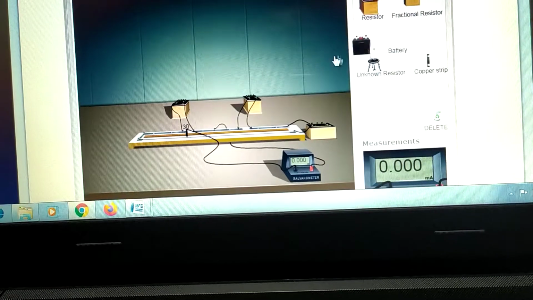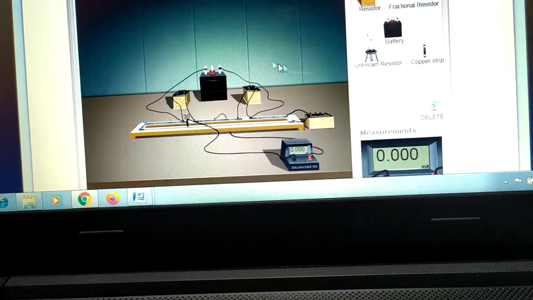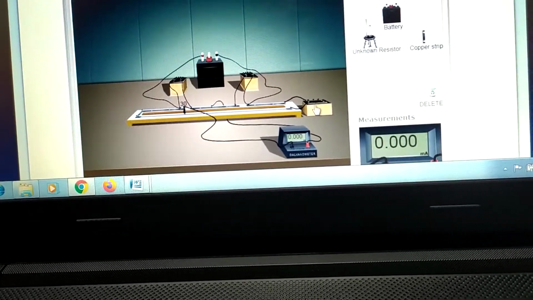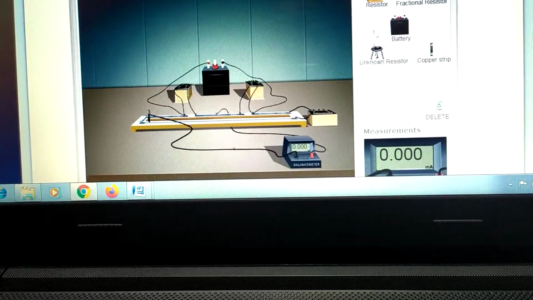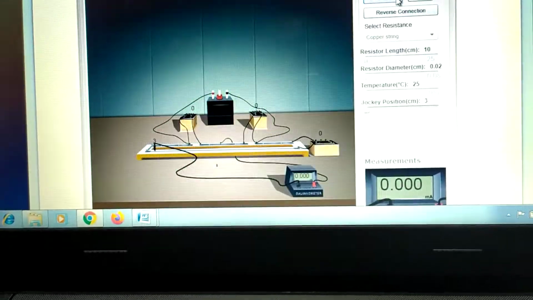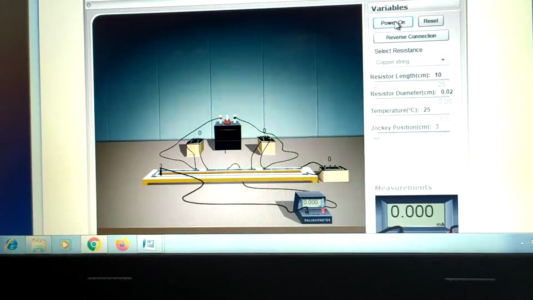Now you connect the battery in the circuit. So now the circuit is completed: the resistances P, Q, the fractional resistance box, and the copper strip are here. Then you press the continue button, and the power is on.